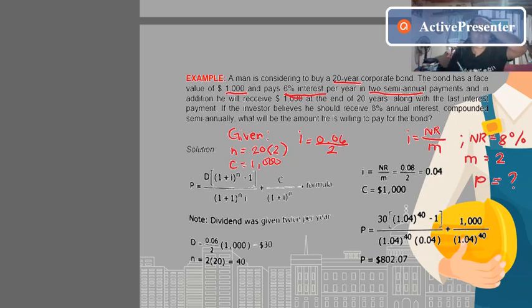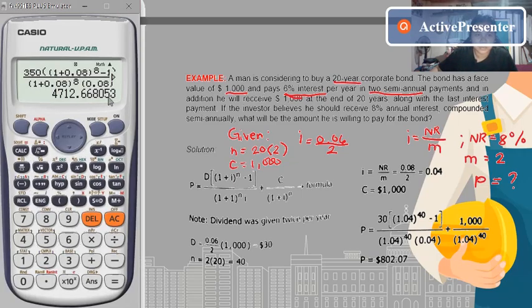First, we need to solve for our dividend. The dividend is given twice per year, so 0.06 divided by 2 multiplied by our 1,000 face value of the bond. Solving for the dividend, we have 0.06 divided by 2 multiplied by 1,000.